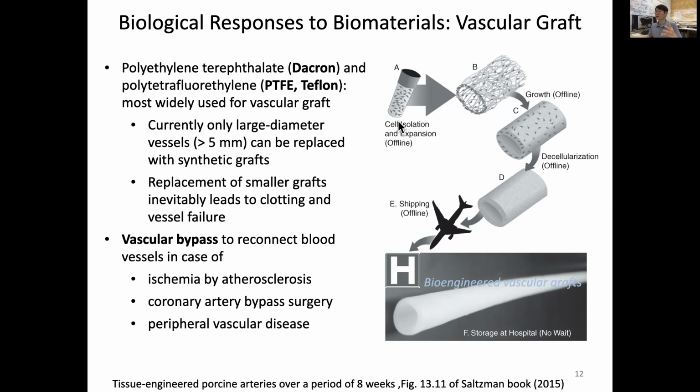These cells are not from the same patient. We grow these and then go through decellularization, so it is acellular, with only the extracellular matrix proteins remaining. We ship it and can use it as a bioengineered vascular graft.